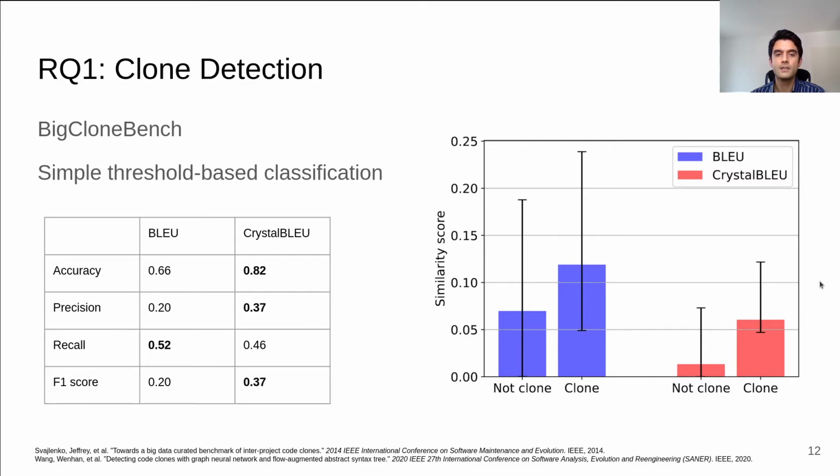We get the average score for the clones and the average score for non-clones, and the mean of these two values would be our threshold. So more similar code would be flagged as a clone, and the smaller values would be not clone. And as you can see, CrystalBLEU can get higher accuracy, precision, and F1 score. And you can also see that there's a smaller overlap between the values for CrystalBLEU than for BLEU.